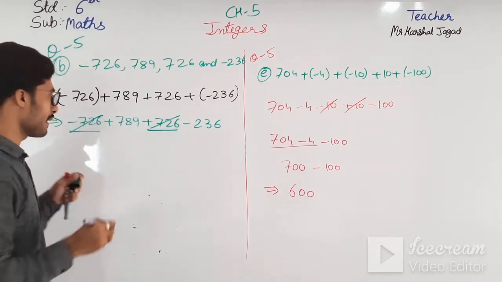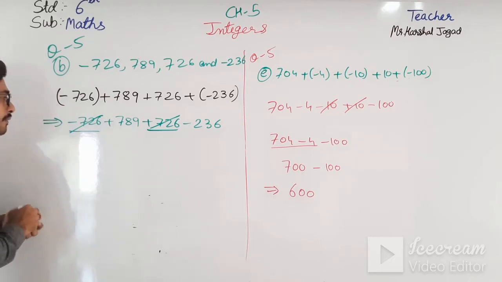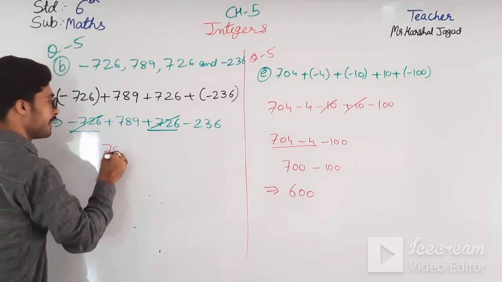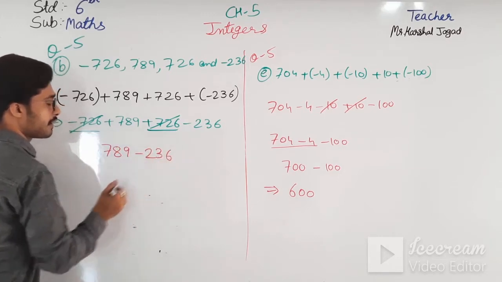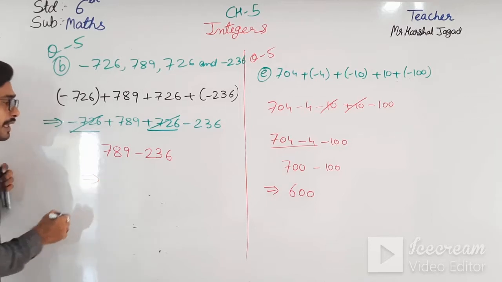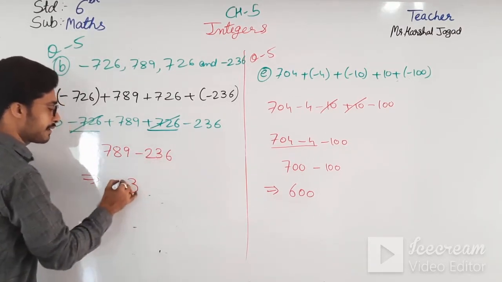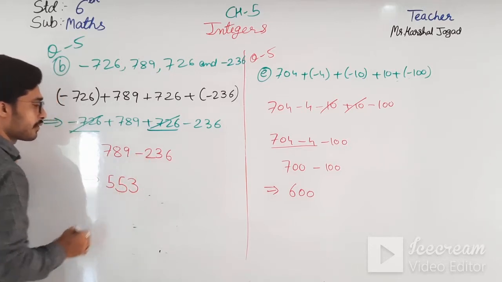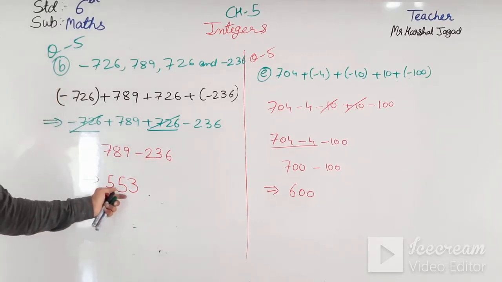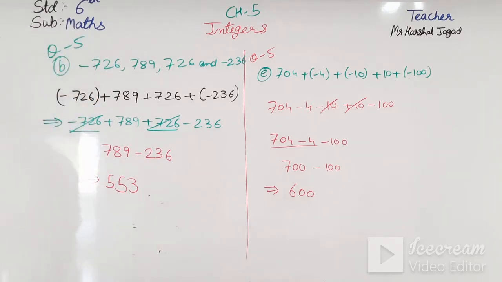So I have just cut it and what remains is 789 minus 236. Here 9 minus 6 is 3, 8 minus 3 is 5, 7 minus 2 is 5. So your answer is 553. Okay, students, please note down this.